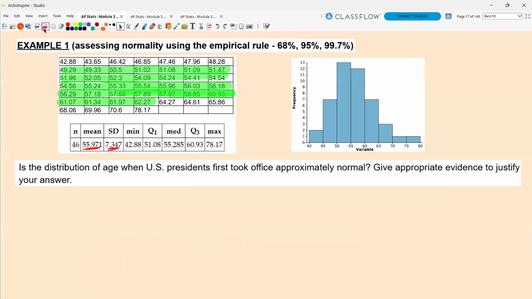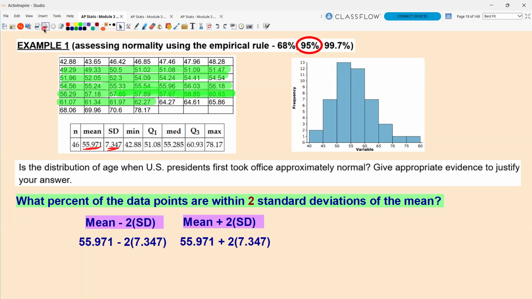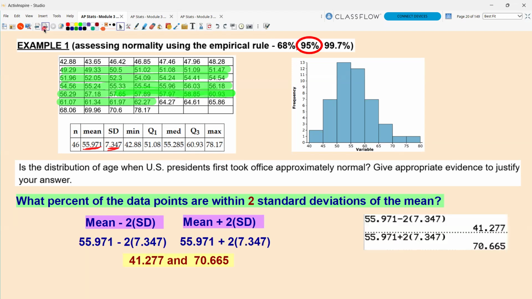So then we do the same thing with two standard deviations. We go two standard deviations out from the mean, subtract 2 times the standard deviation, and add 2 times the standard deviation to the mean. You're going to get about 41.277 to 70.665. You go back up to your data and you see how many fall between those numbers.